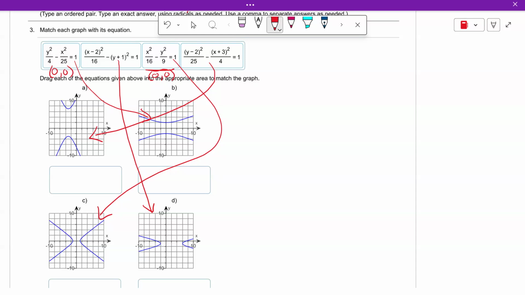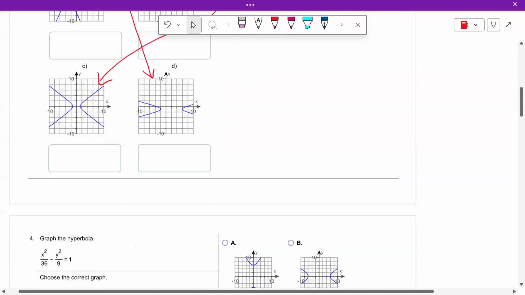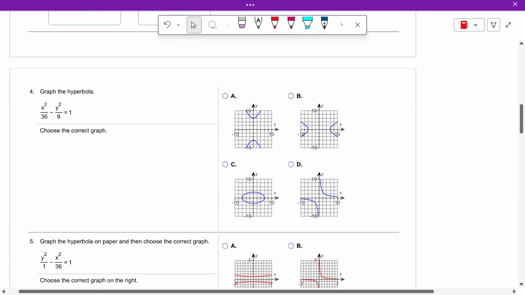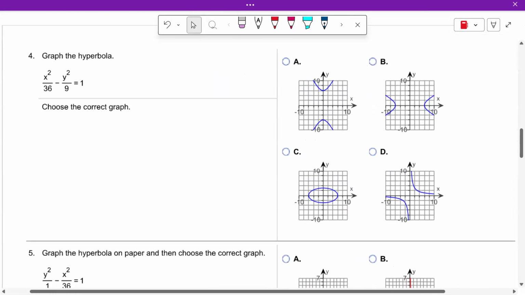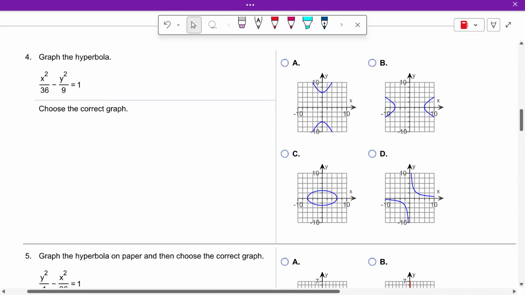So for a problem like that, that's fairly straightforward. You just have to match the correct graph, knowing that when x is positive, it's right-left, and when y is positive, it's up-down. Looking at these, x is positive. So what is it? Right-left or up-down?